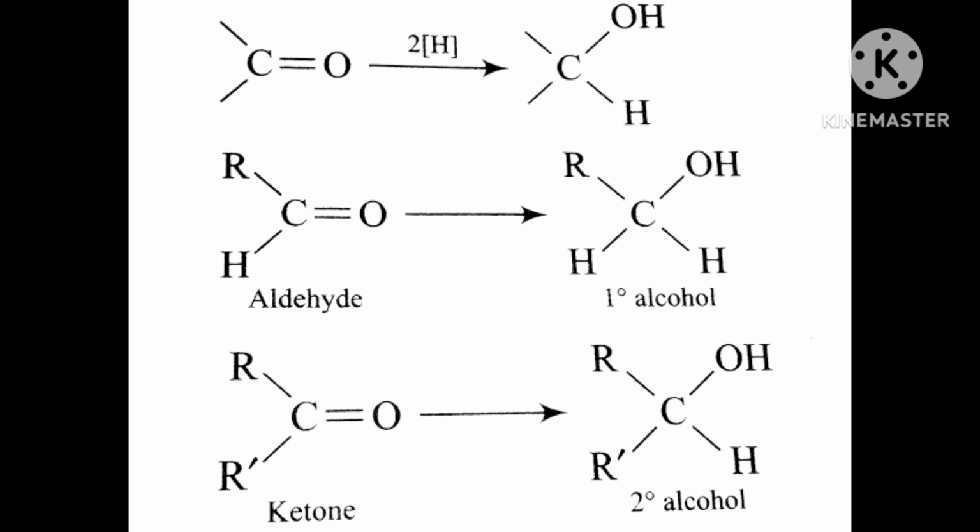Suppose the oxygen double bond breaks. Then one oxygen will have negative charge and carbon will have positive charge. Then two hydrogens will come, one hydrogen will go to the negative oxygen, and the other hydrogen will go to the positive carbon. Correct? Now an OH group is introduced.